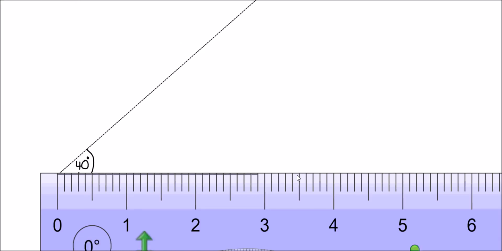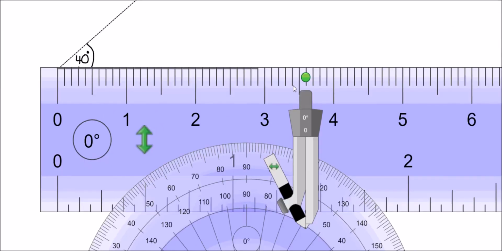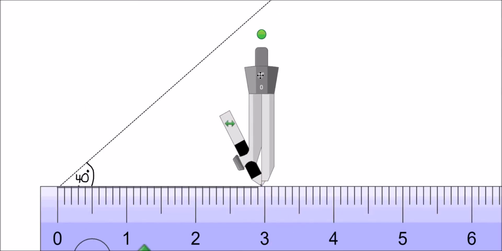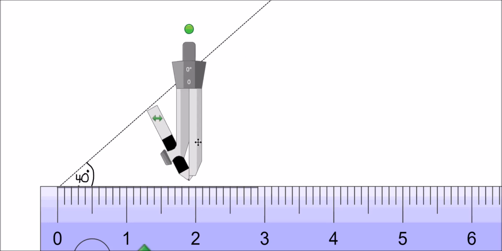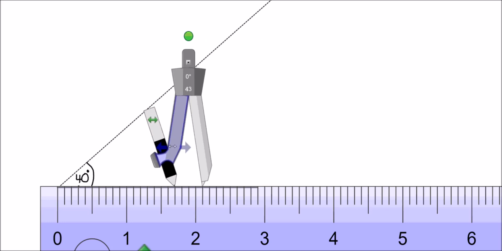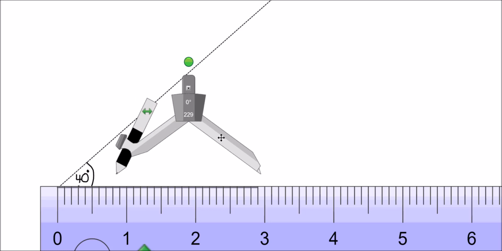So if I just get my virtual compass, then if it's 2.1, the side BC, then it's going to end, obviously, 2.1 centimeters away from point B. So if I just measure out 2.1 here, so I'm going to put the needle at 2.1 and stretch out, so that's now 2.1.